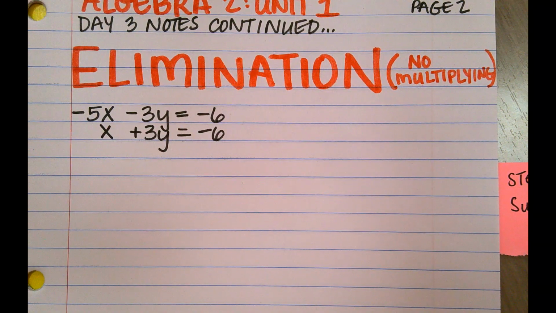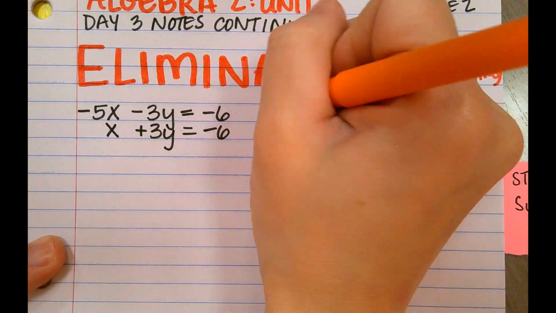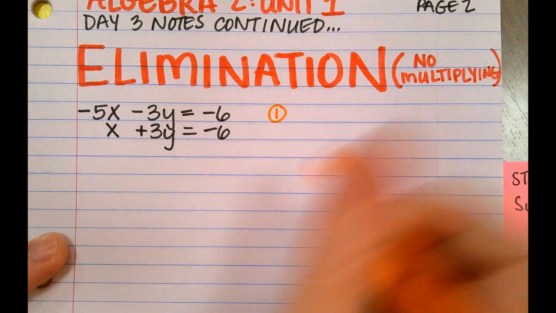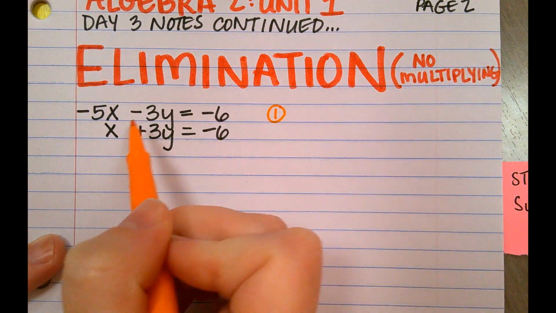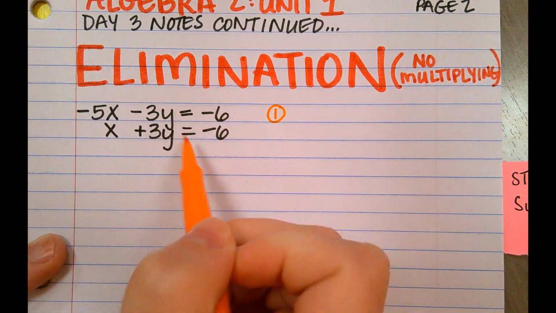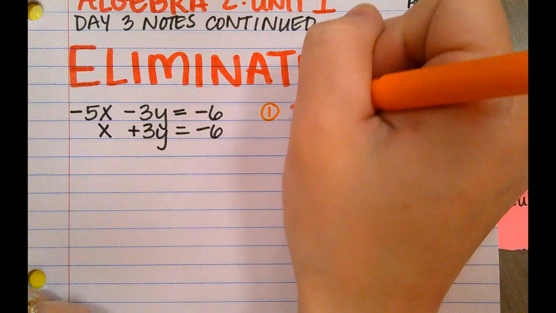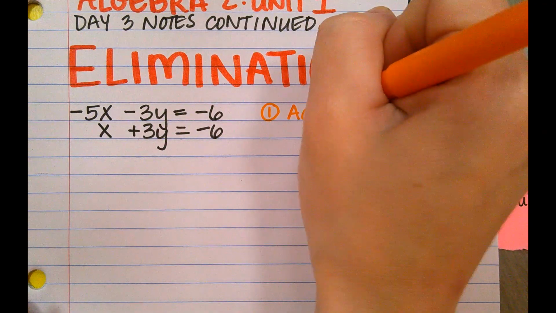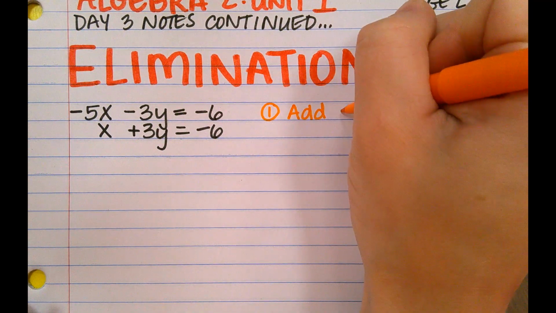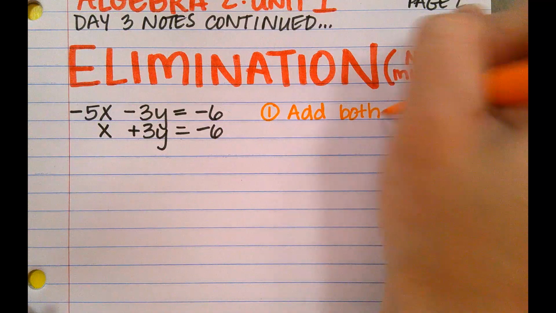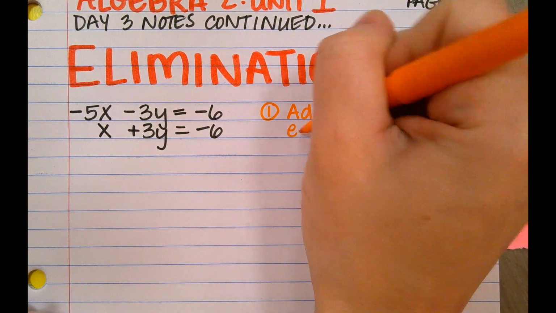So, step 1. We're going to start by adding the equations together. I'm going to add all the terms together. So, add both equations.